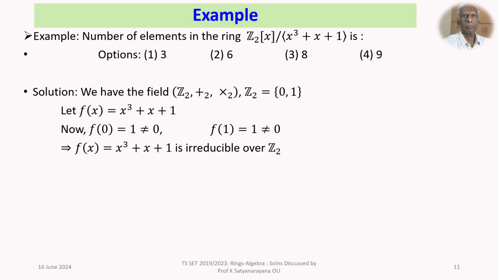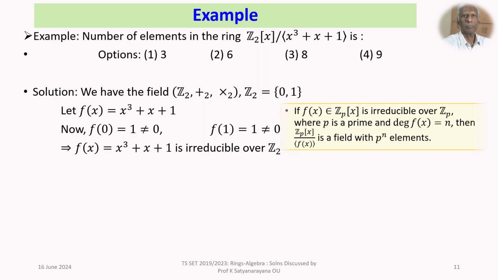Agreed. It is irreducible over Z2. Then you have this result: if f(x) belongs to Zp[x] is irreducible over Zp, where p is a prime number and the degree of f(x) is n, then Zp[x] by the ideal generated by f(x) is a field with p^n elements.